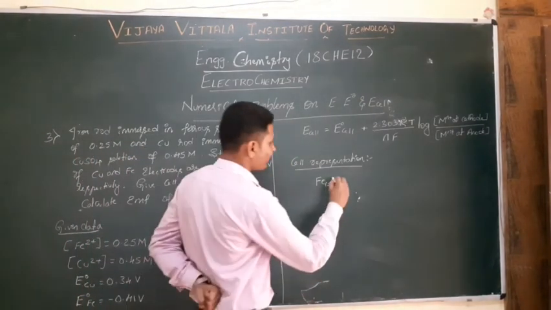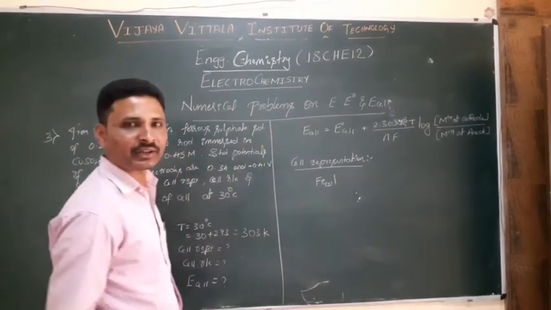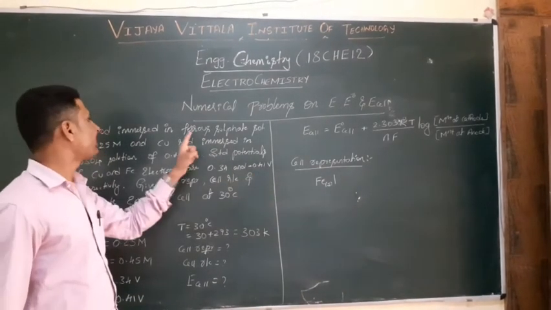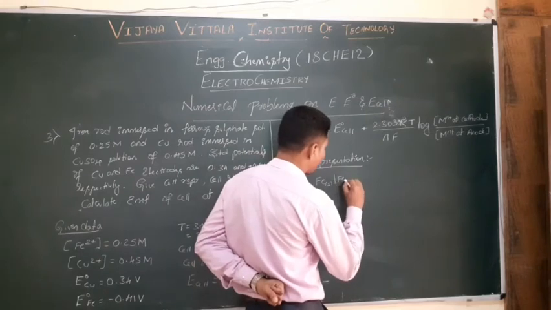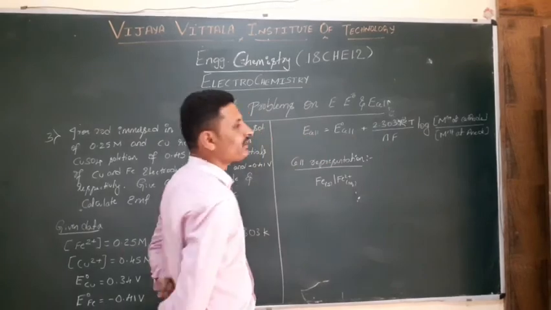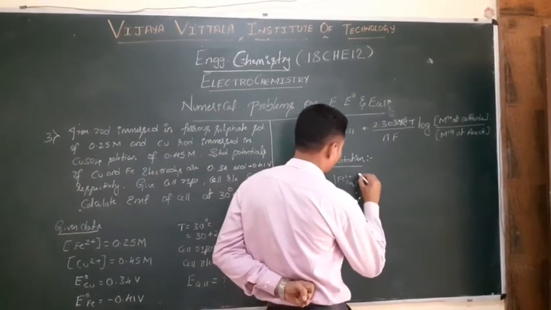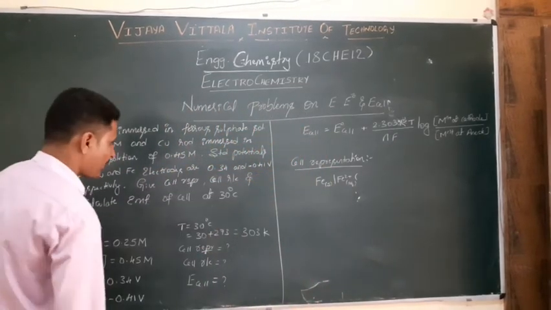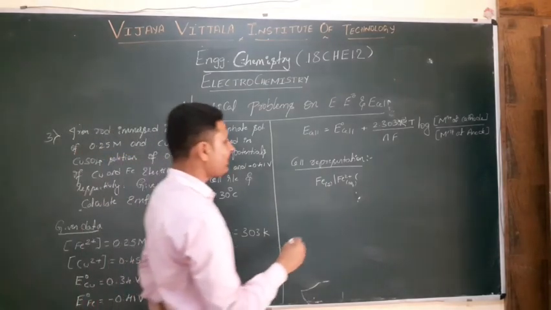Single slash represents the interface between the electrode and the electrolyte. Here the electrolyte is ferrous sulfate, FeSO4 or Fe2 plus aqueous. The concentration given we need to write in brackets, so the concentration of Fe2 plus is 0.25 mole.